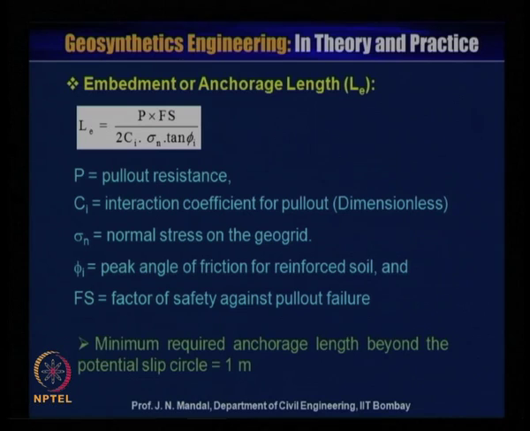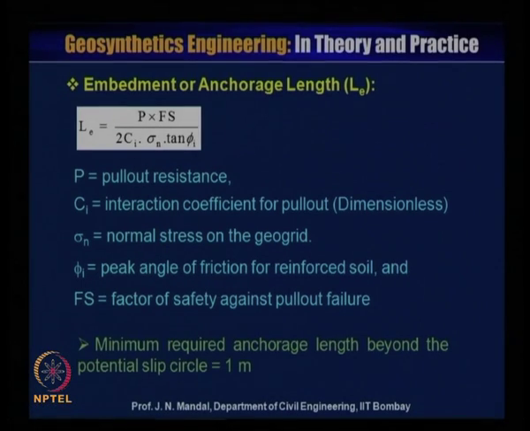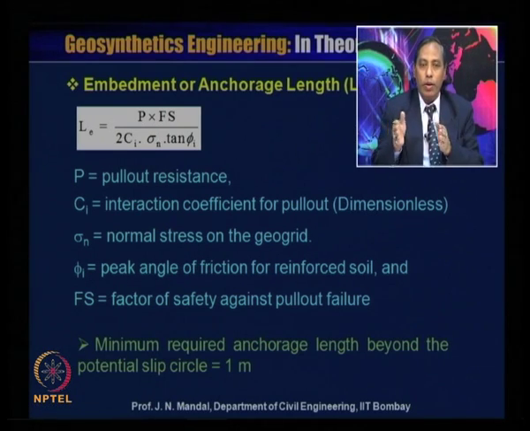Now, you also have to calculate the embedment, or what we call the anchor length LE. That means the length of the reinforcement behind the failure surface, LE. So, LE can be determined using this equation.